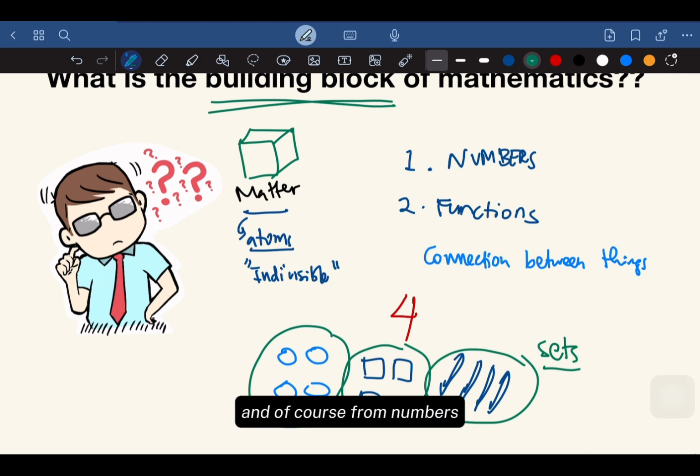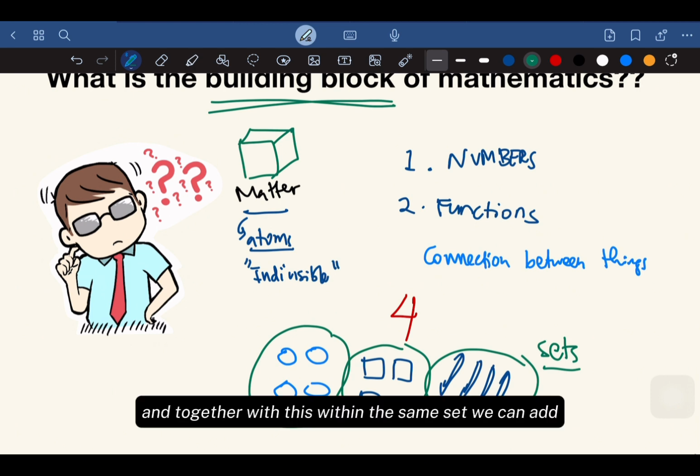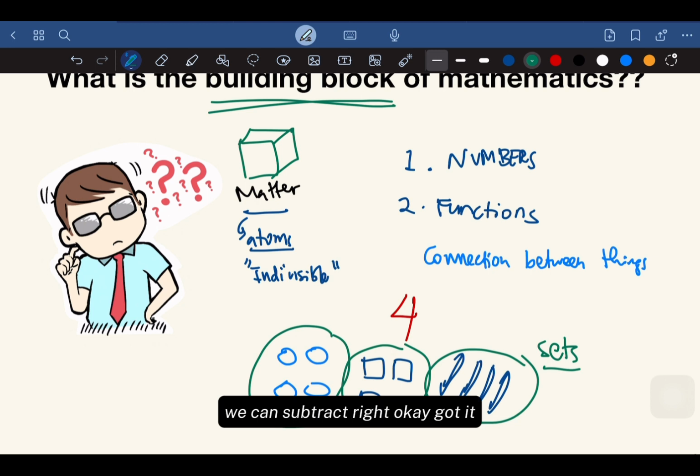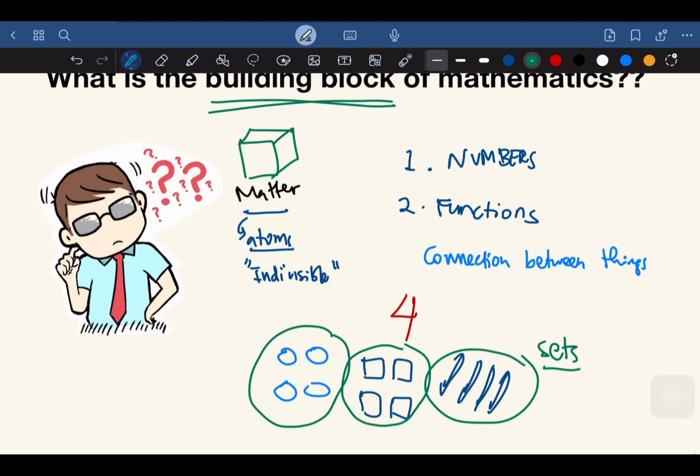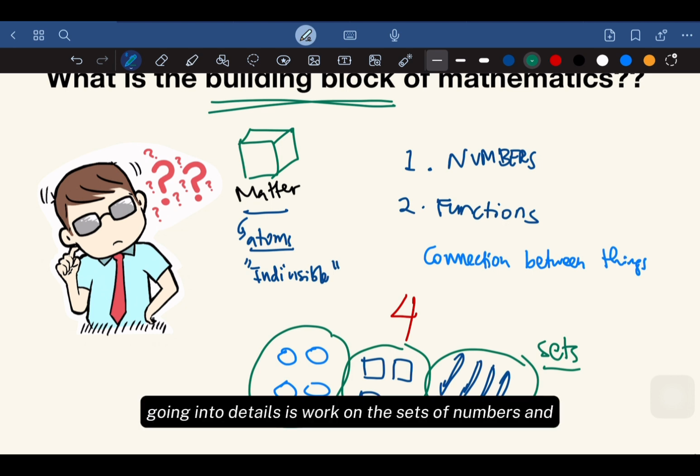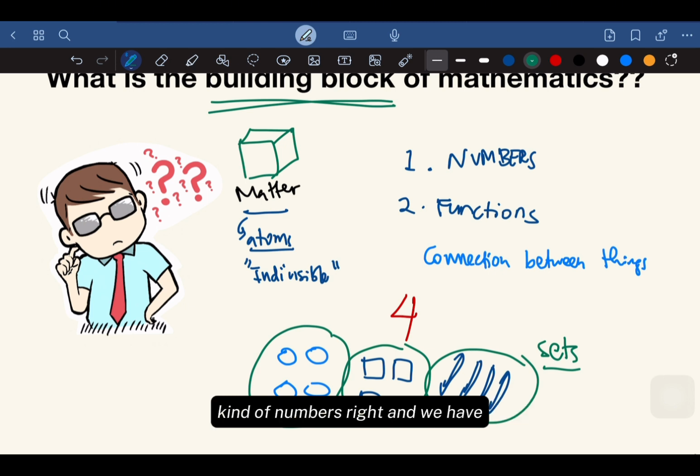And of course, if we learn the numbers, if they are within the same set, we can add, we can subtract, right? Got it? So what I want to go into in detail is sets of numbers and kinds of numbers.